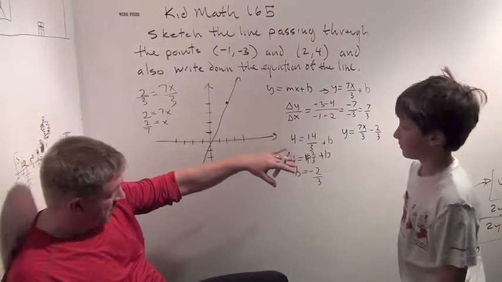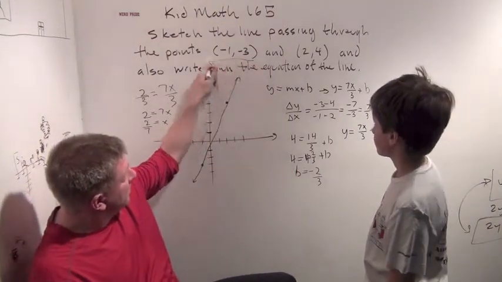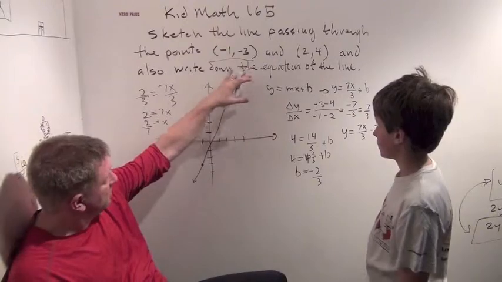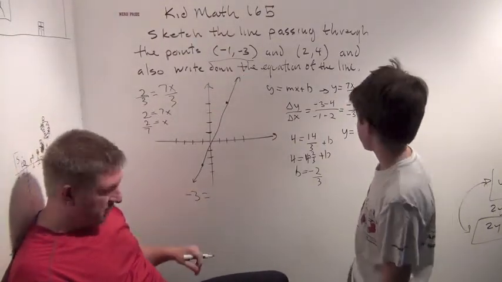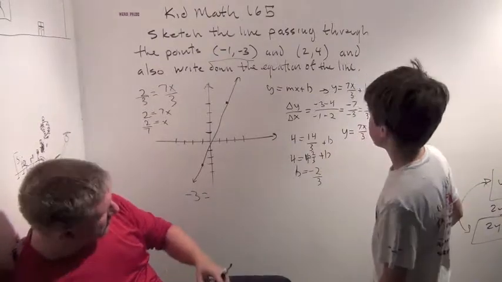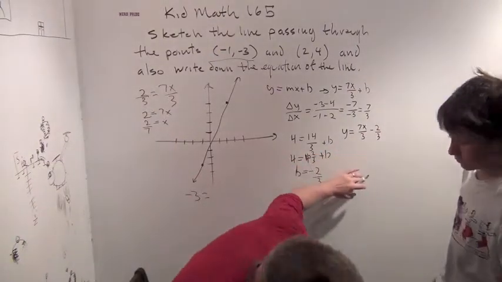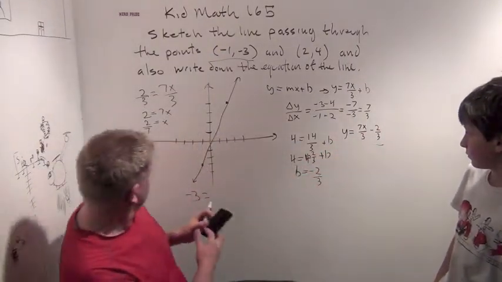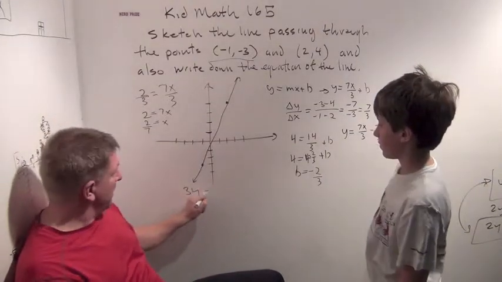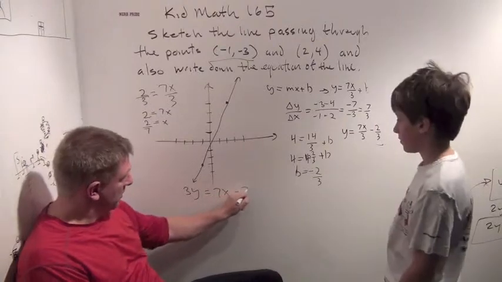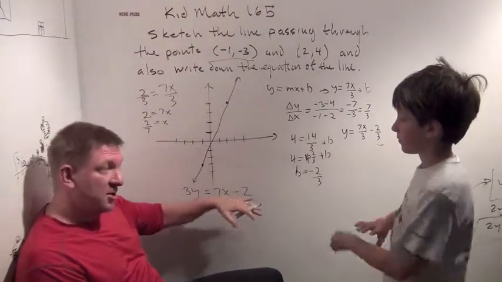And the last thing I'd suggest you do is just check it in this other point, just to be sure. So did we get -3 equals... Oh, you know what? I'm going to do one other thing. I'm going to multiply your equation by 3, just to get rid of the fractions. 3y equals 7x minus 2. Now notice, that doesn't change the equation of the line.